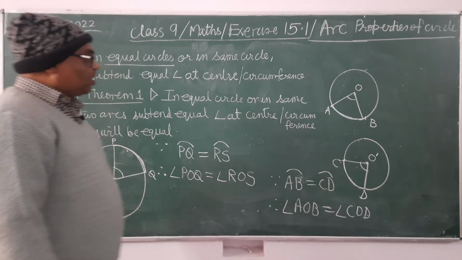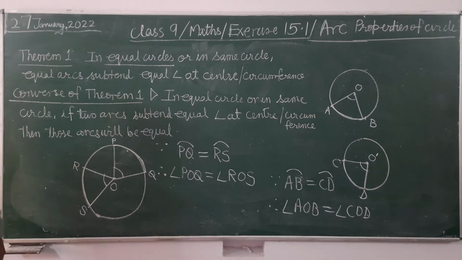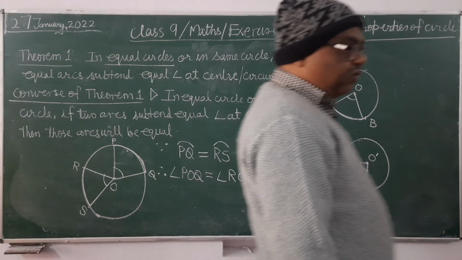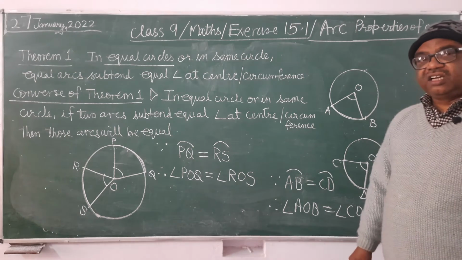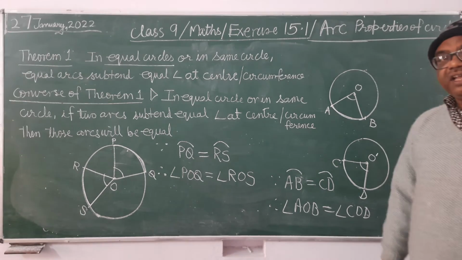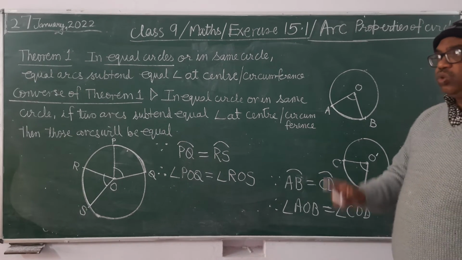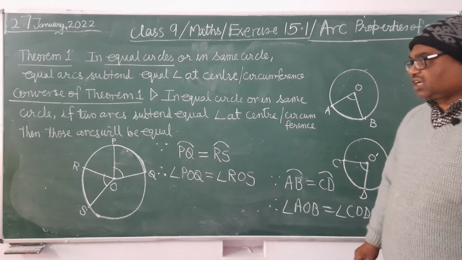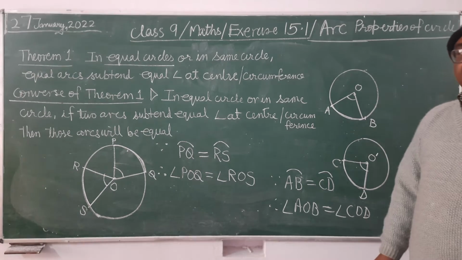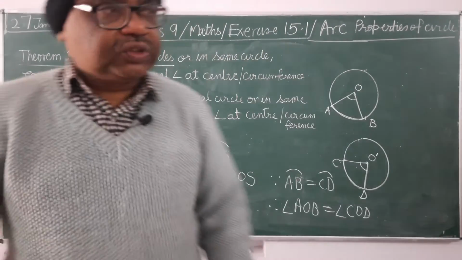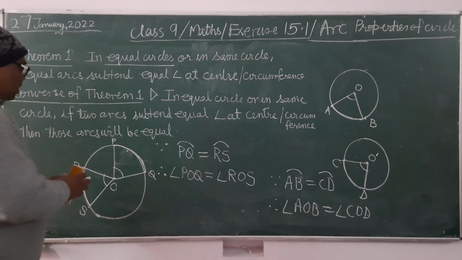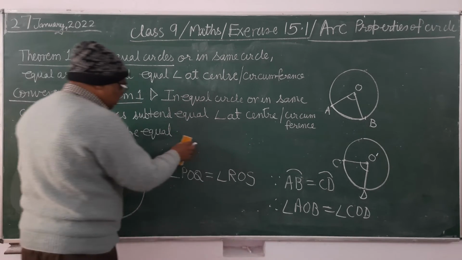Now, there is a converse of theorem 1. In equal circles or in the same circle, if two arcs subtend equal angles at the center, or if two arcs subtend equal angles at the circumference, then both the arcs will be of equal length. See here, first in the same circle. What is given?